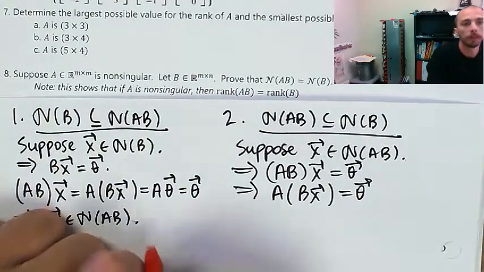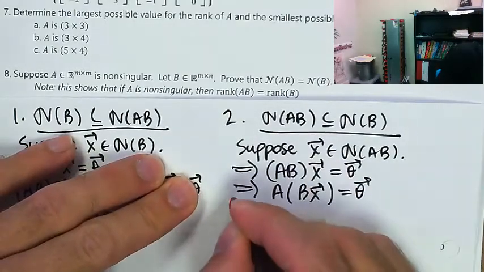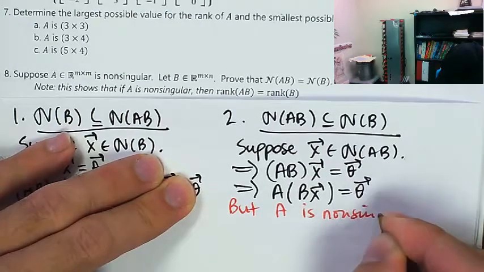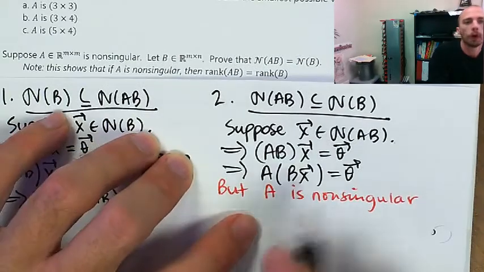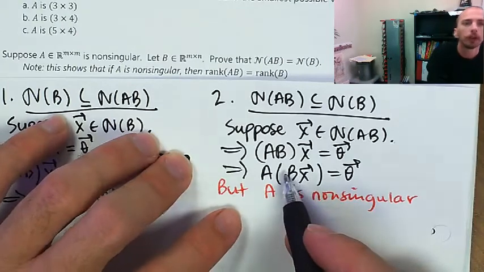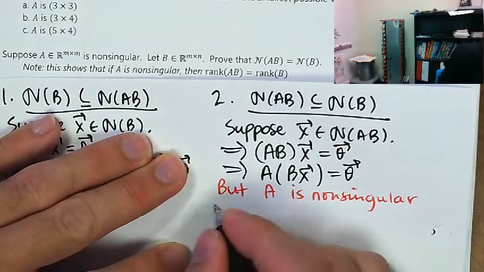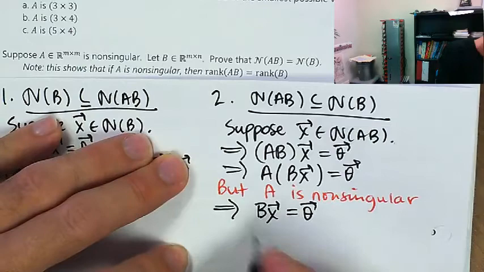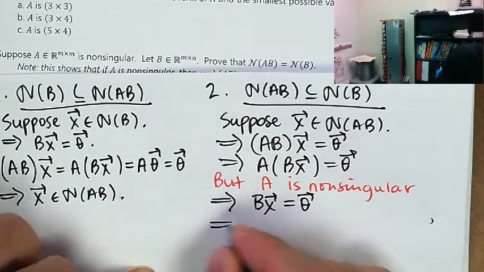But from the statement of the question, A is a non-singular matrix. If A is non-singular, the only way I can take A and multiply it by a vector, and Bx is going to be a vector, and get 0 back is for that vector to be 0. So Bx is equal to 0, and if Bx equals 0, then x is in the null space of B.